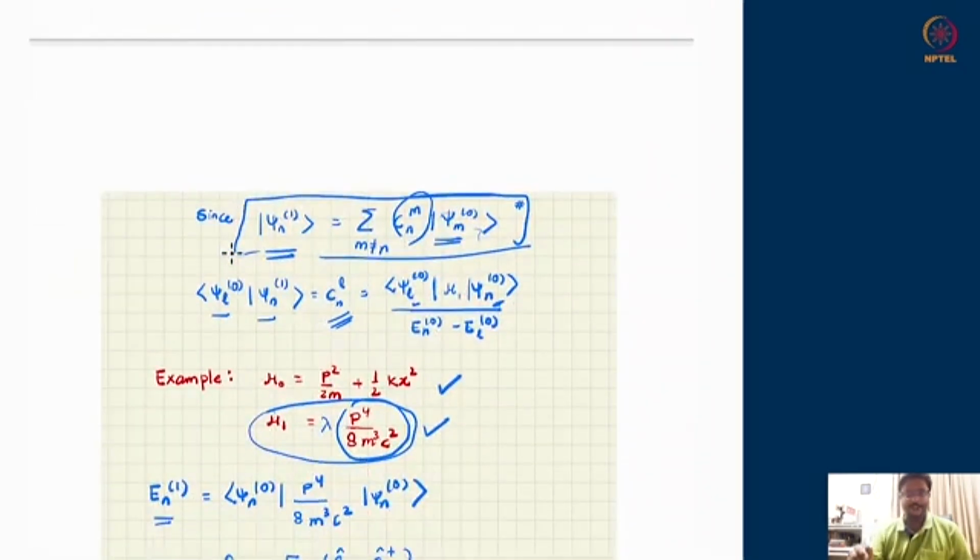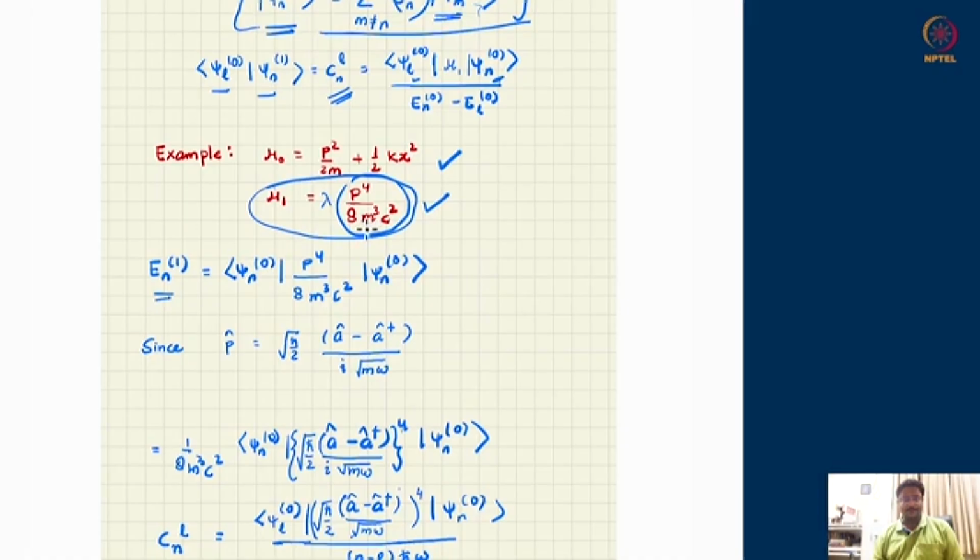So this is my perturbation Hamiltonian, P to the fourth upon 8 m cubed c squared, and if I want to know the first order correction in the nth eigenfunction, I will take the perturbation Hamiltonian and obtain its expectation with respect to the unperturbed nth eigenfunction. Let us do this in more detail.